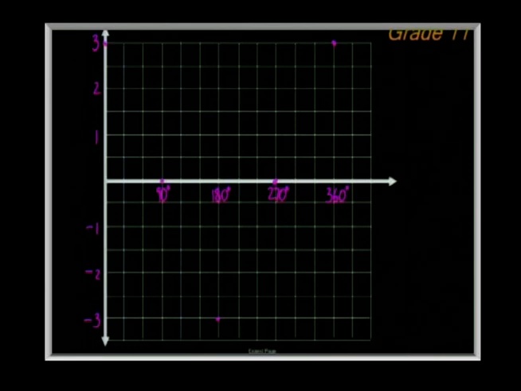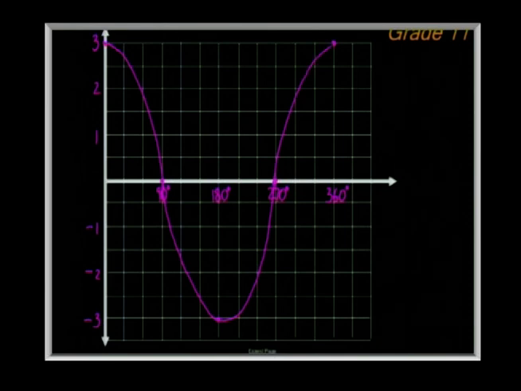Let's draw the curve. And it goes up again, passing through 270, and lastly curving around to a gentle curve at the top. Now, as you can see, I've got the general shape correct, and it's going through all the right intercepts, so I'm going to get full marks for that part of the question.